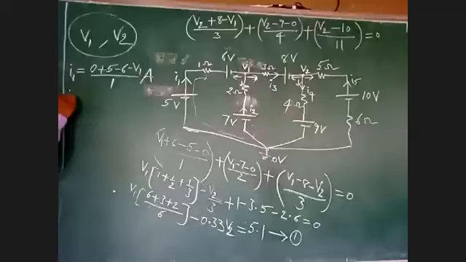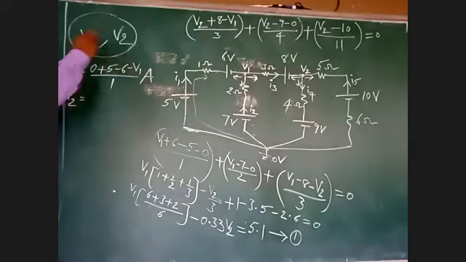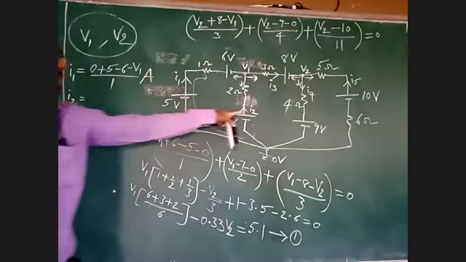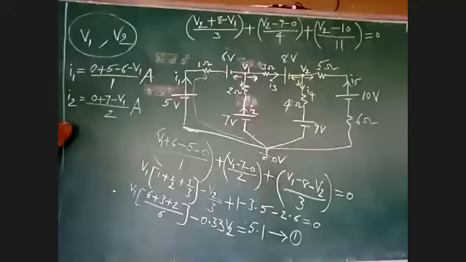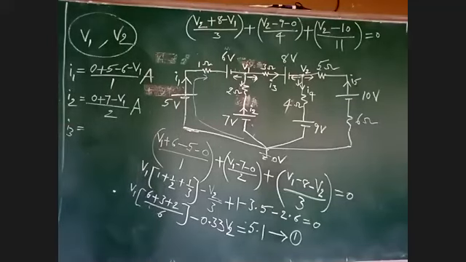Let's see I2. Because we have calculated V1 and V2, you can calculate it. I2 is 0 plus 7 minus V1, divided by 2. This is your I2. Now tell me I3. See the actual direction of current for I3.